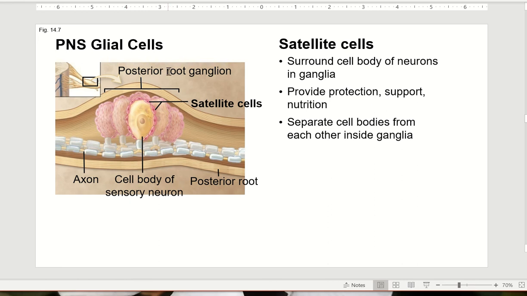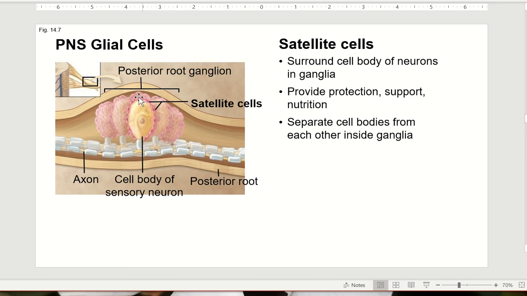Now, in the peripheral nervous system, remember I told you we have different glial cells. We do have satellite cells, just like around the skeletal muscle tissue. We have satellite cells around cell bodies in ganglia. So this is the posterior root ganglion, which is right next to the spinal cord. We have axons from sensory cells.